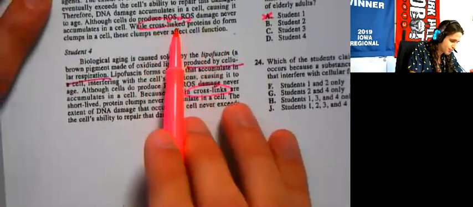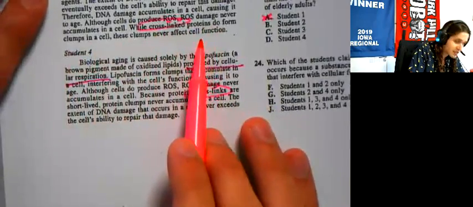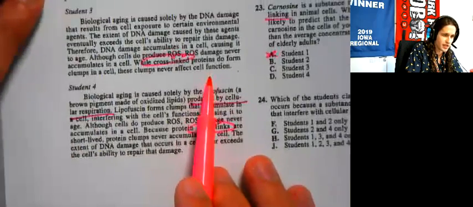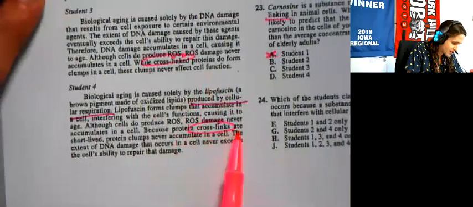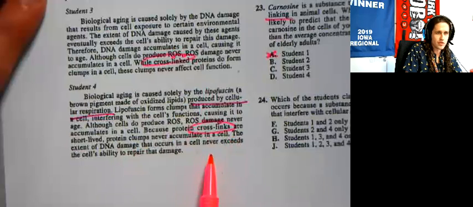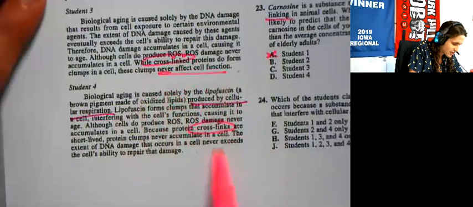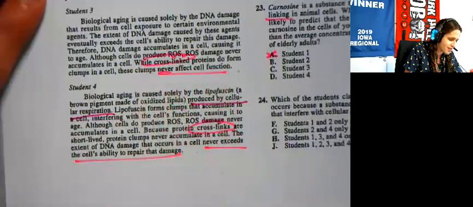Here it says cross-linked proteins do form clumps. These never affect cell function. Because protein cross-links are short-lived, protein clumps never accumulate in a cell. Oh, okay. So these two never affect cell function, never exceeds the cell's ability to repair that damage.